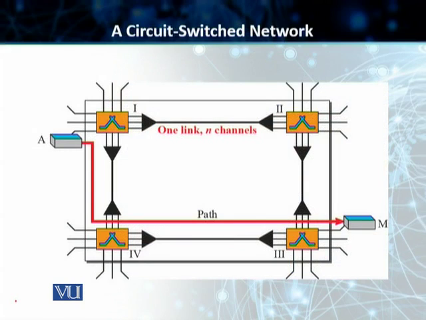Students, moving on, we have got a circuit switch network in this particular case. And for the sake of simplicity, we are only showing you 2 devices that are connected to each of these switches. The first device is device A. It can be a computer machine. It can be a data device. And then we have got machine M, which is connected, in this particular case, to switch number 3.